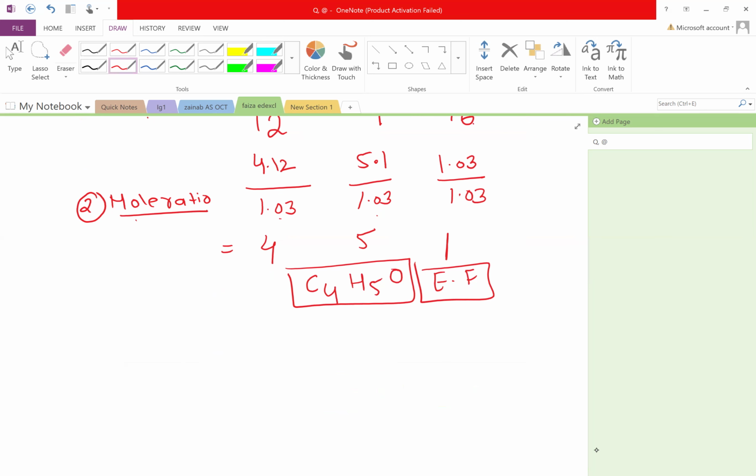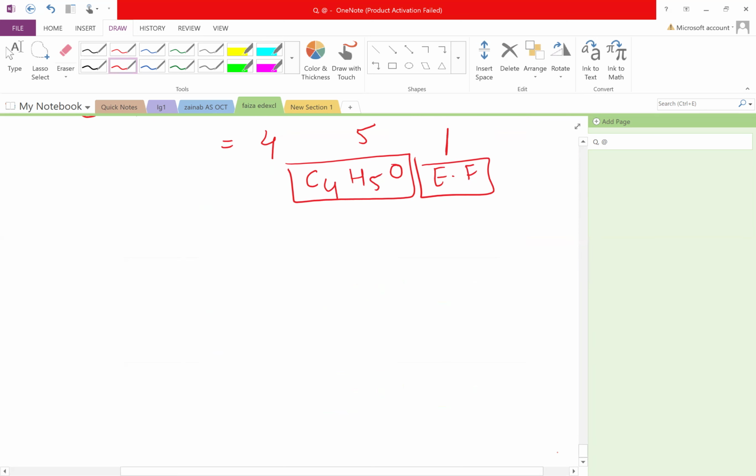This you are going to do, then we will do the empirical formula. Carbon, hydrogen, oxygen. Carbon with the mass of 39.1. Hydrogen with the mass of 8.7.